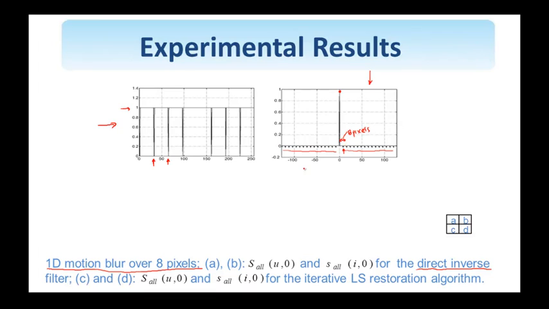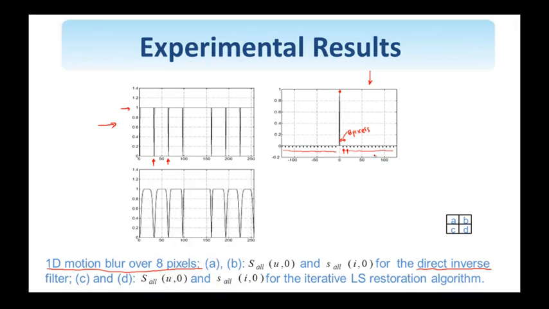If I move 16 pixels away, I'll have a second replica due to the second impulse, and so on. The good news, you might say, is that these impulses are small, and therefore the ringing artifacts will not be really pronounced. The bad news, of course, is that such a direct inversion amplifies noise.